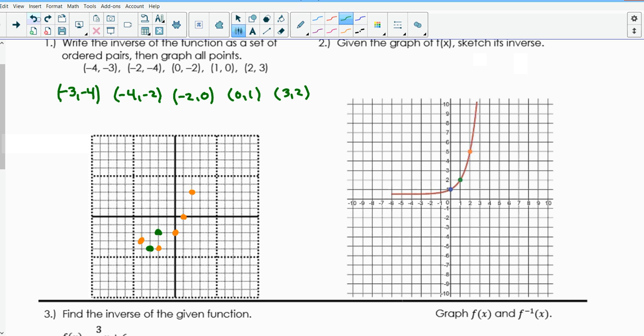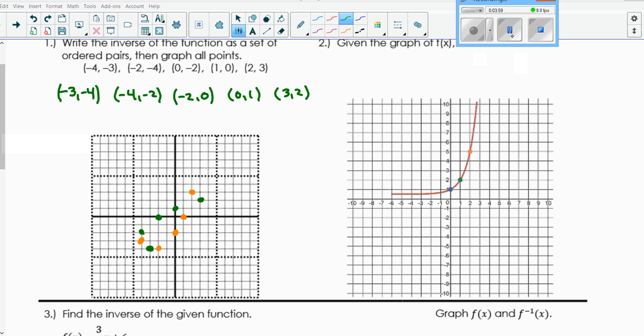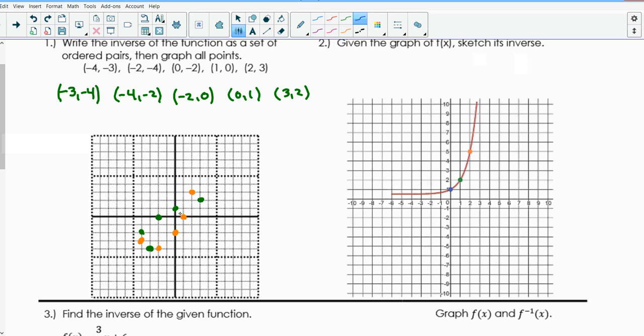Oops, definitely graphed those in the wrong place. Alright, you can see that right there. So the green part is the inverse, and the orange part is your original.